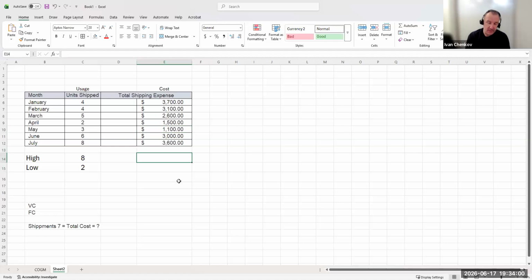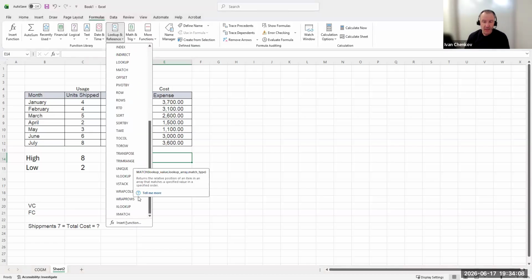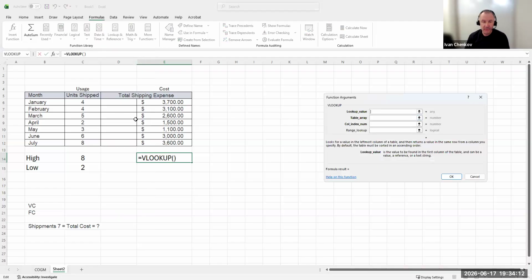So how can we make Excel do this? We simply are going to use a formula. I'm going to use vertical lookup, and I'm going to look for the value of 8 on this table. The table is all those columns, and I'm going to get the value of column 3.